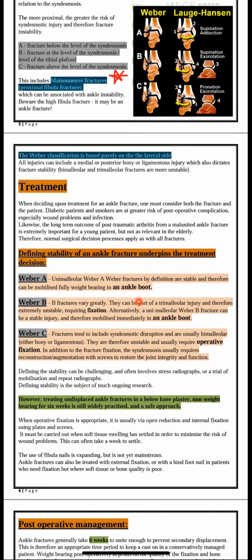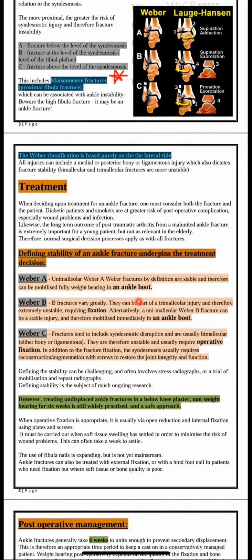But if you have an associated bimalleolar or trimalleolar injury, which is projecting posteriorly, you will have a grade of instability. So please take care, you will have internal fixation. Weber C, usually above the syndesmosis level, is usually a bimalleolar fracture, and you will have internal fixation operatively.